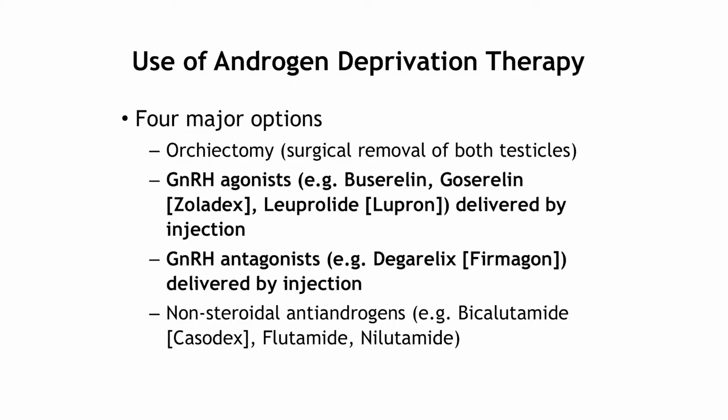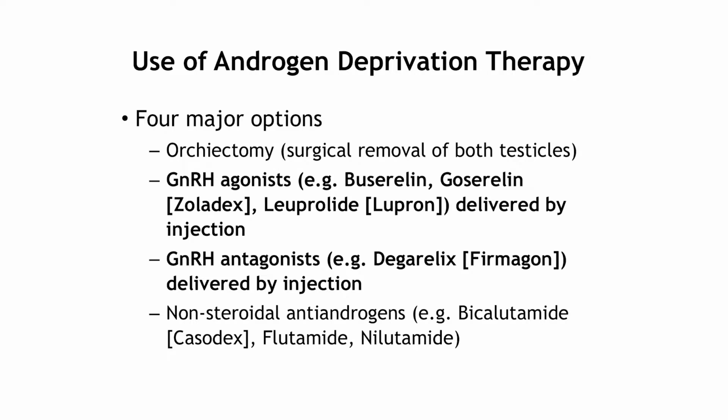Because the body normally makes testosterone through this GnRH in a cyclical fashion, meaning that it goes up and down every day in the body, if you give a constant stimulus to the body, it eventually just shuts down production. It takes a few weeks, but both agonists and antagonists eventually lead to the same reduction in testosterone and related androgens.